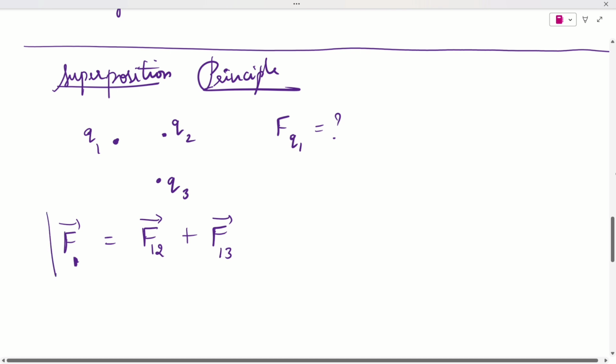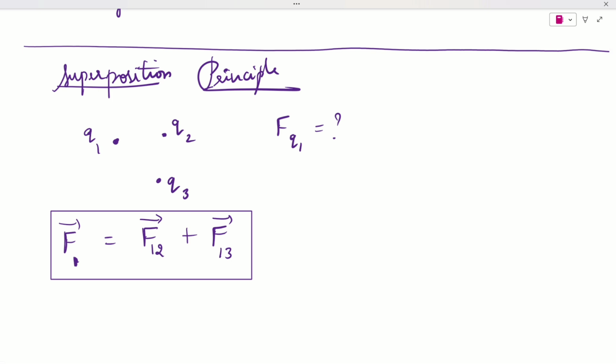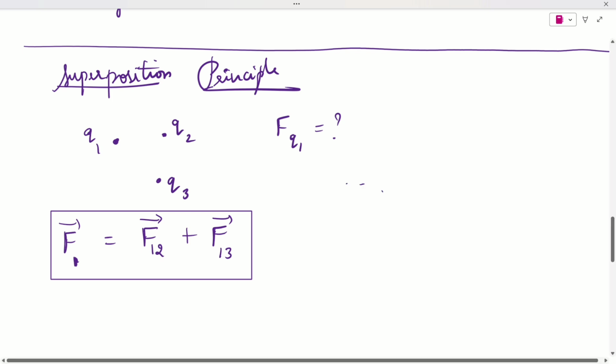This is what my superposition principle states, that to find the force acting on a particular charge in a system of charges, it is equal to the force on the charge due to all other charges as a vector sum. Okay. Now let us say I have n number of charges, so many charges like this.